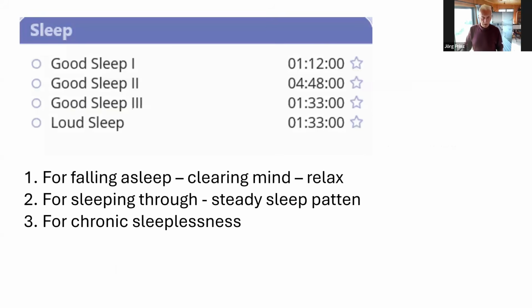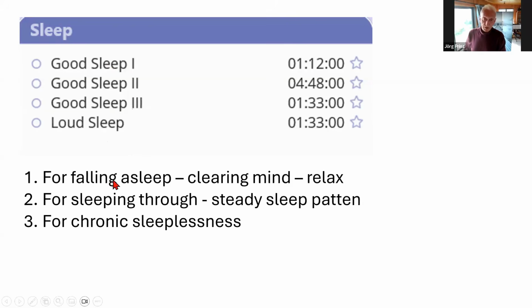The next heading for the software programs is sleep. So we've got 3 different sleep programs, and we have got loud sleep. So that's when you talk in your sleep or sing or use a chainsaw, that's quite obvious. But Good Sleep 1, 2, and 3 have got different functions.